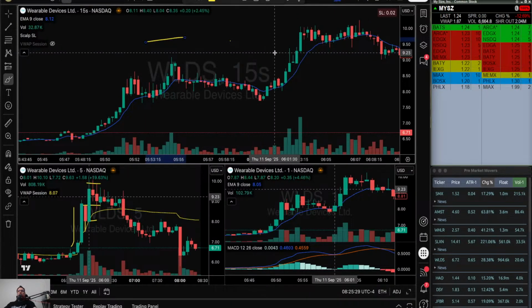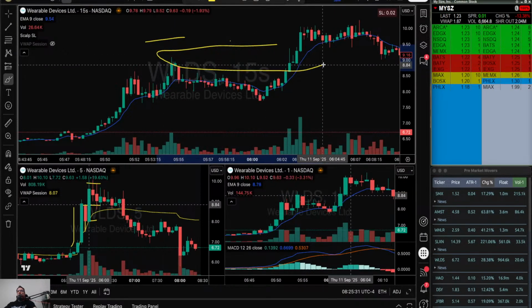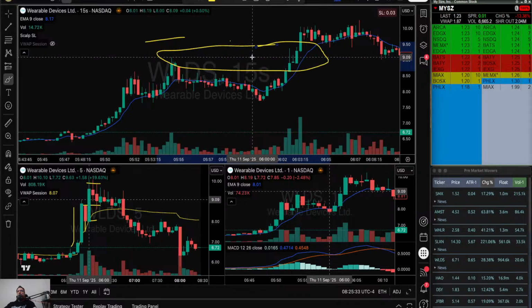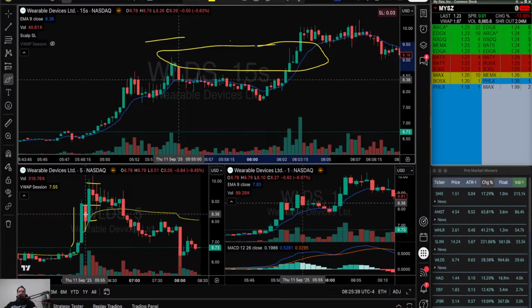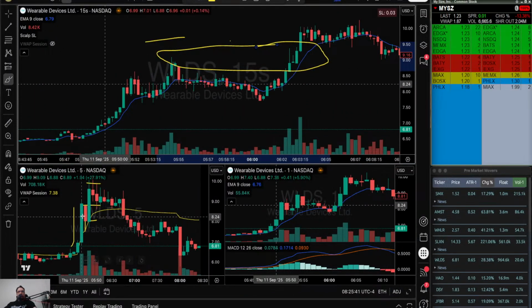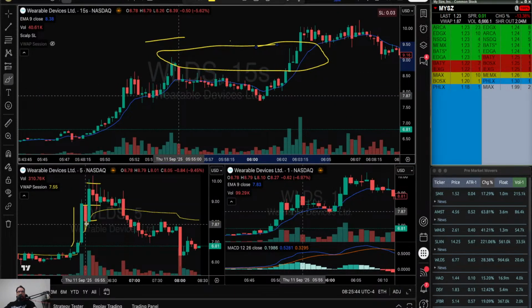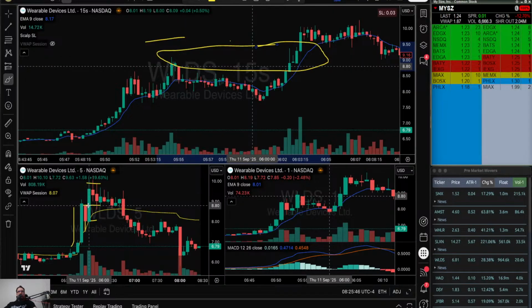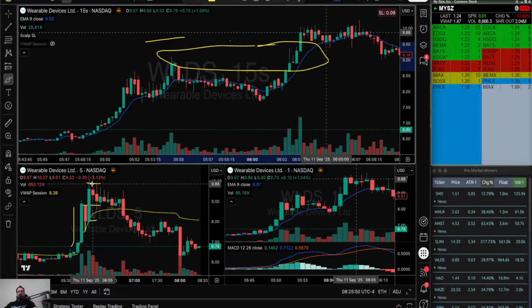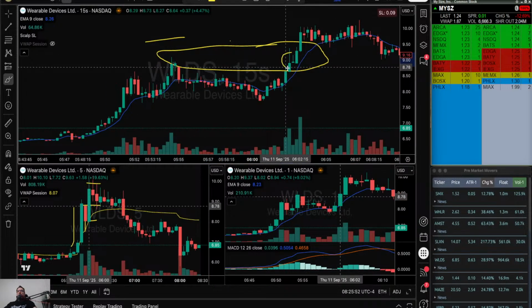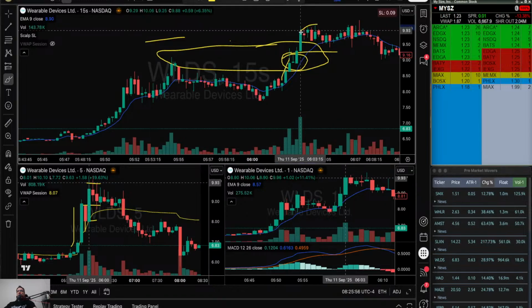So 879, we were starting to break that red bar on the 5 minute because we got a pop, we got a pullback. And you get in on the break of that and try to get those shorts to be like, oh, I'm out. And then you just kind of ride it up a little bit. And that's what you got right there. You had a nice run up and then get in here and you start taking some profits up in here.